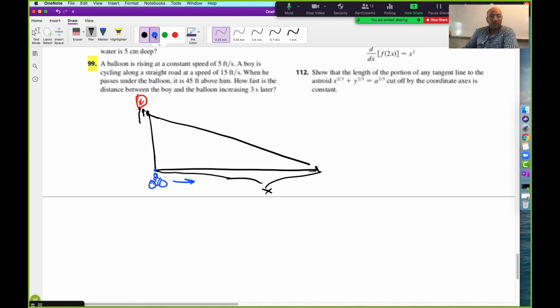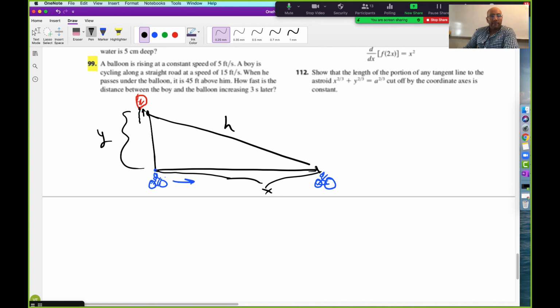So 3 seconds later, the little boy is over here. And so we're looking at this distance between them, this h value, z value, whatever you want to call it. So we call it h. Good. And we have some value y that represents the height of the balloon.